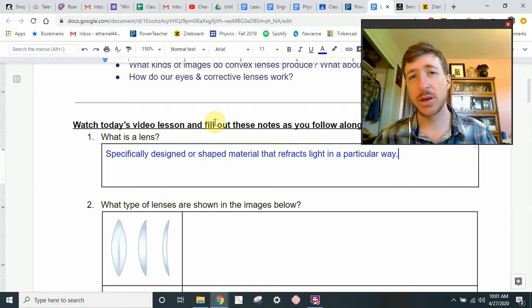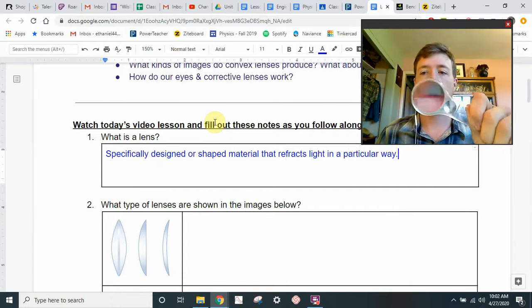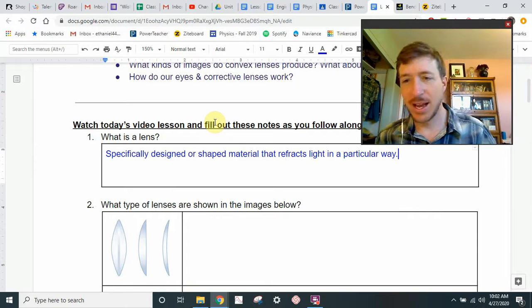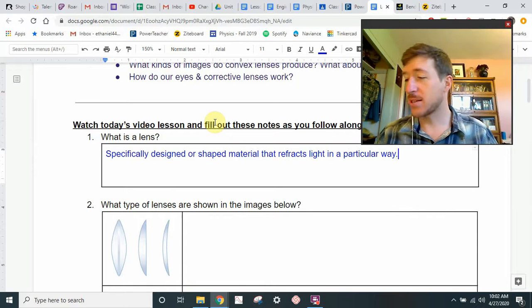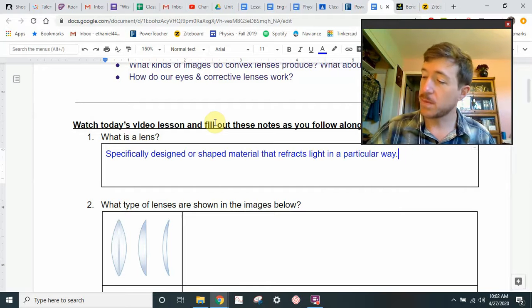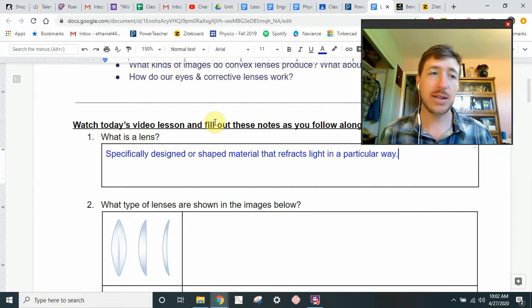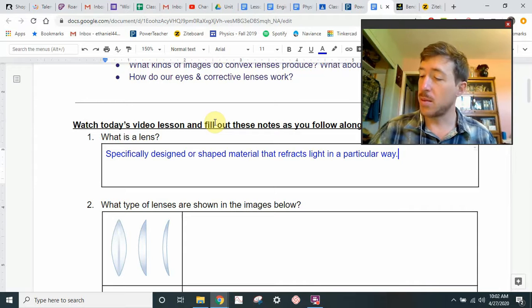Lenses that you may be familiar with include a magnifying lens, which I'll mess around with here. Make my mouth all big. So a magnifying lens is a classic one. Lenses are found in binoculars or telescopes, and in cameras, like this little webcam that I'm using to record you, or in your phone.